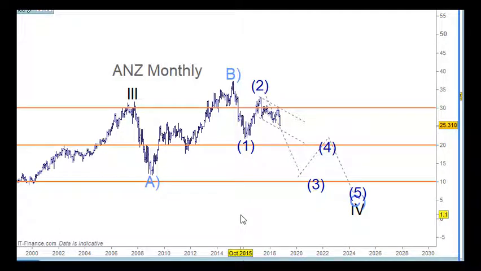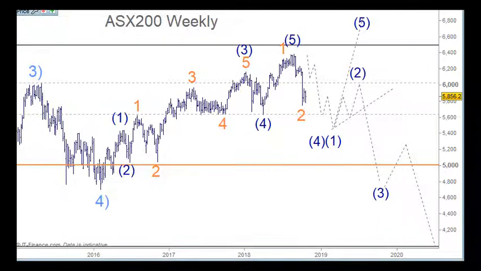This is why we're mostly short in the markets. It's a real possibility, and the same with the ASX 200 here. But with the ASX 200, instead of counting 3 waves up, I can count 5 waves up, and that's a bit of a help from the resource sector that started trending up in 2016.